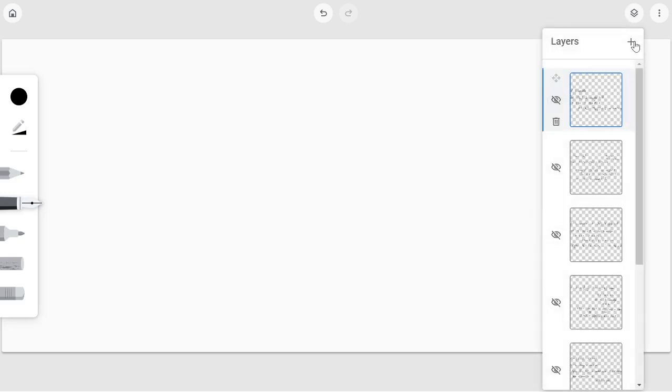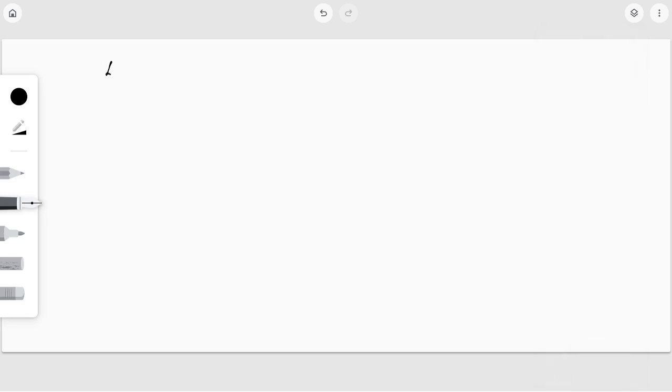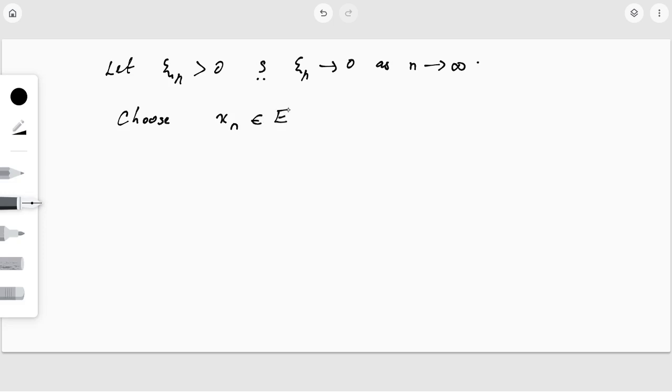Now let us define a few things. That is, let us consider epsilon n to be greater than 0 such that it converges to 0 as n tends to infinity, and choose an element xn belonging to E such that P of coset xn bar minus Txn is less than epsilon n.